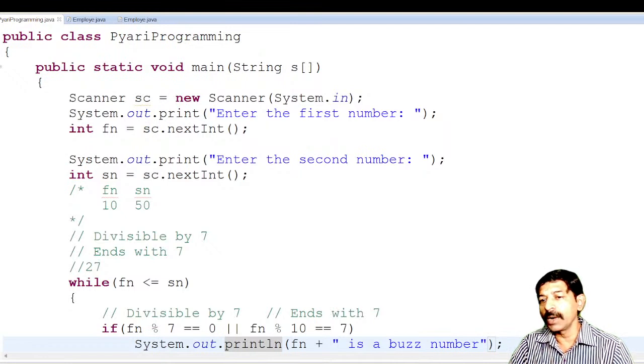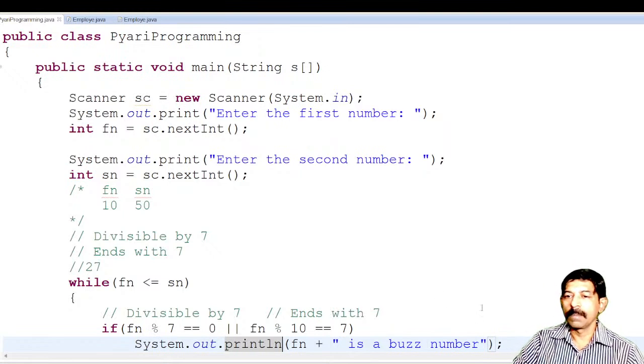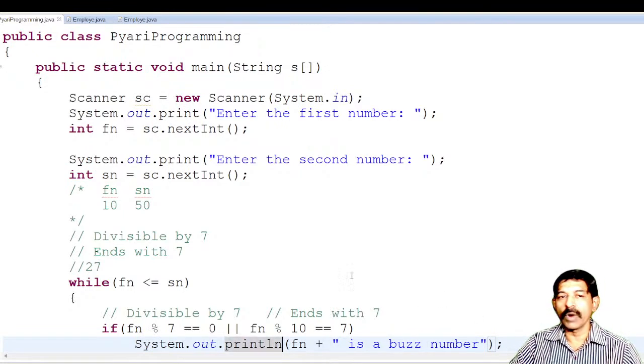Else is not required. Now Gitanjali Sahu says else is required. Everyone respond, is else required or not?